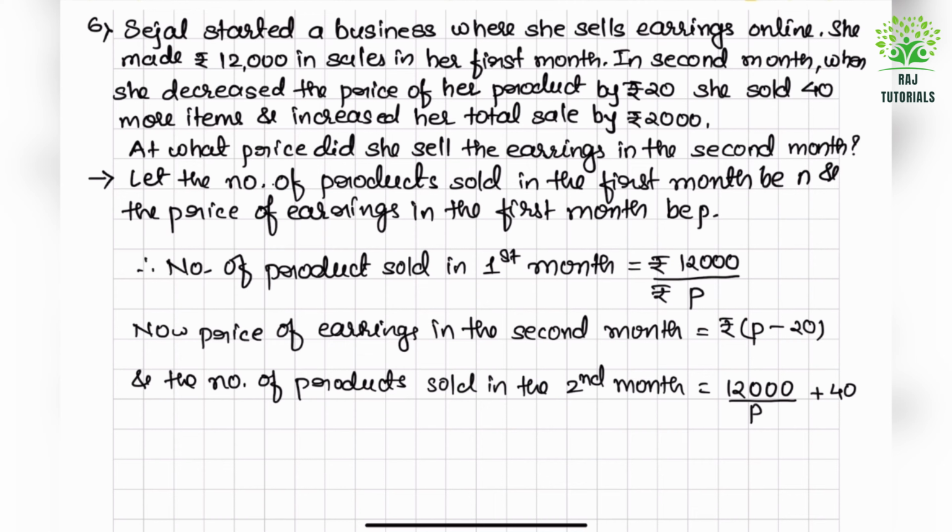So now, according to the question, I can say (P − 20)(12,000/P + 40) will be equal to 12,000 + 2,000.